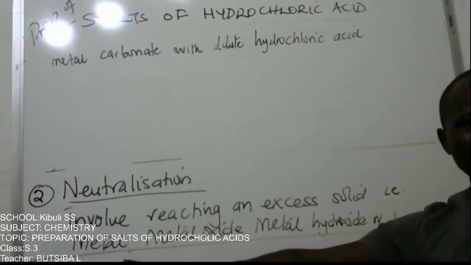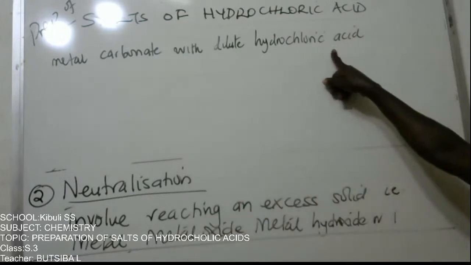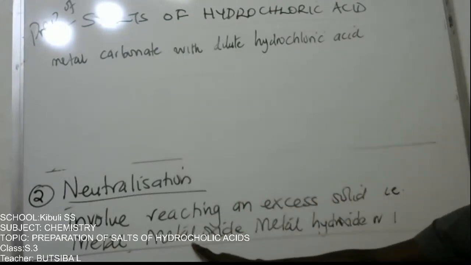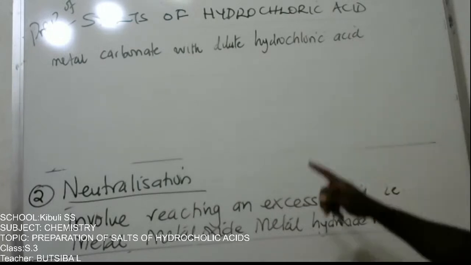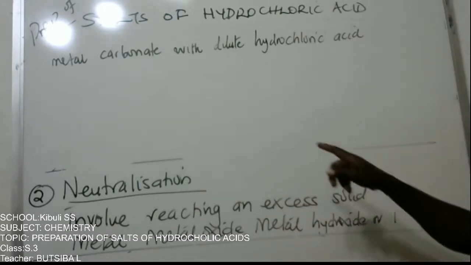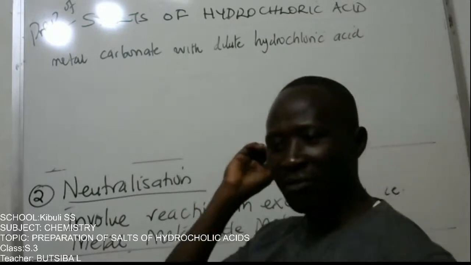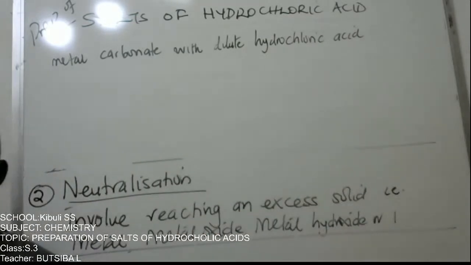So pick a metal. Instead of adding chlorine, this time we shall add hydrochloric acid. You pick a metal oxide, hydrochloric acid. You pick a metal hydroxide, hydrochloric acid. You pick a metal carbonate, hydrochloric acid. So where are we? We are back into the properties of hydrochloric acid, which we have already covered and we're comfortable at that level.